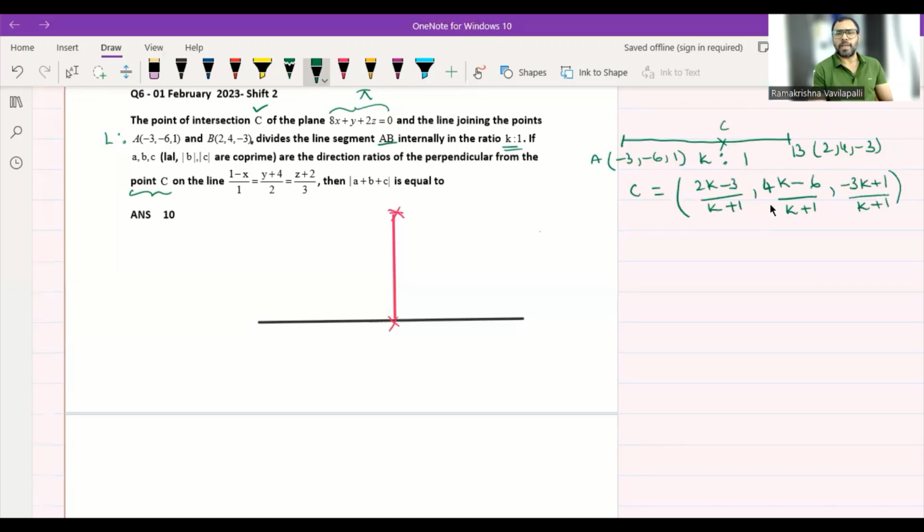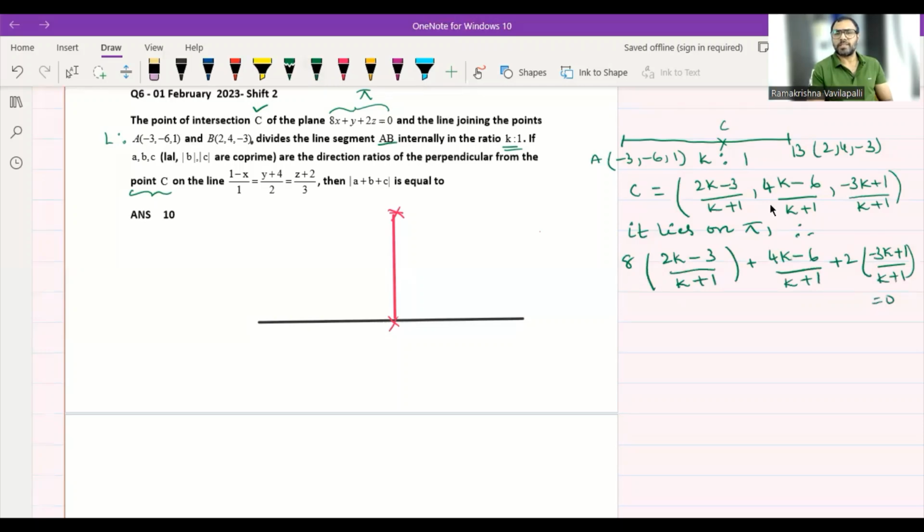It lies on pi. So therefore, you just substitute this point in the plane: 8 times (2K - 3) by (K + 1), and the y coordinate is (4K - 6) by (K + 1), and the z coordinate is (-3K + 1) by (K + 1), equal to 0.